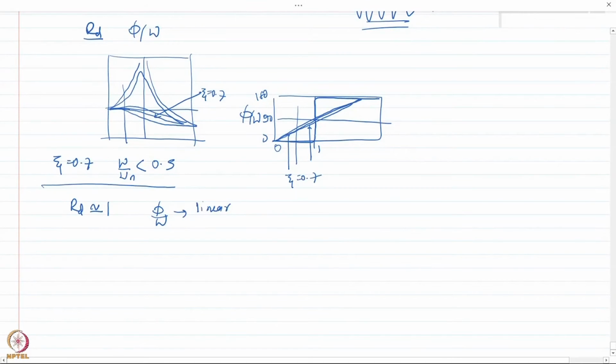In this case it would be almost a constant. So it's a completely straight line.